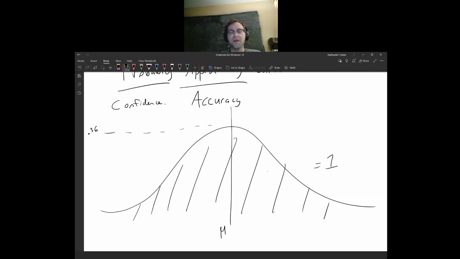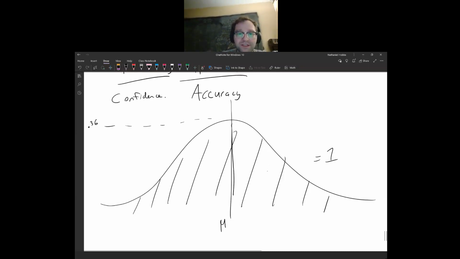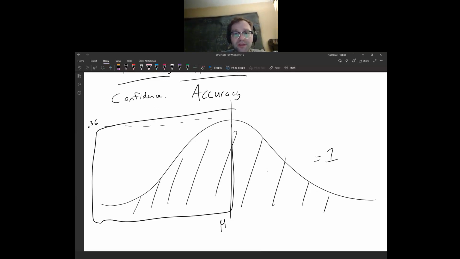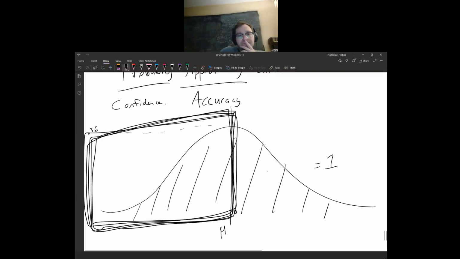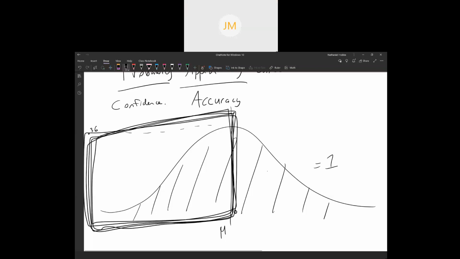Now, Chebyshev. The area of this curve is 1, which means that, let's say, what's the probability that a value will end up here in this region? 50%. Very good. Exactly.